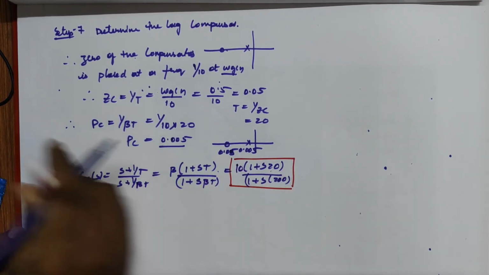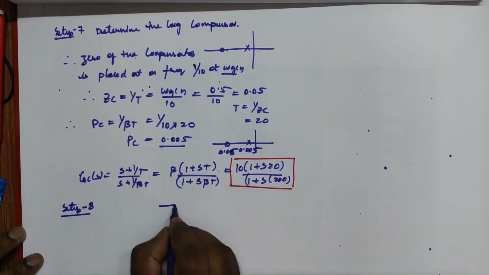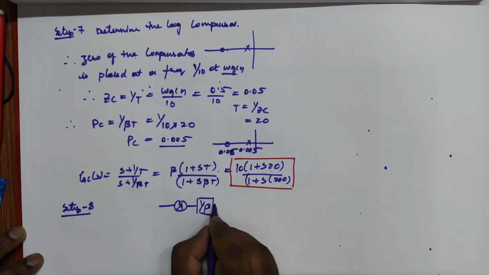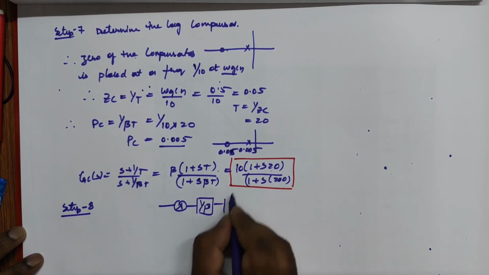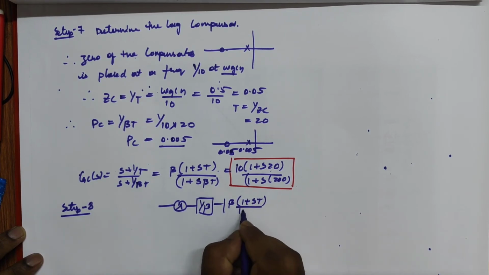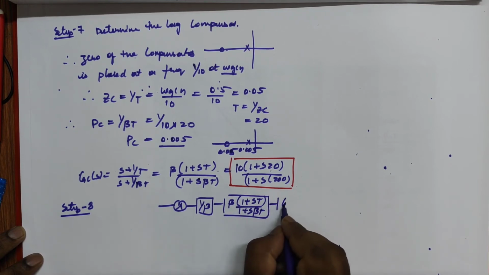Now we have to include it in the open loop system, to see whether it is suitable for the design. So we had 1/β. Why do we have 1/β? Because β is the attenuation factor. So this is the compensated system and this is the open loop system.